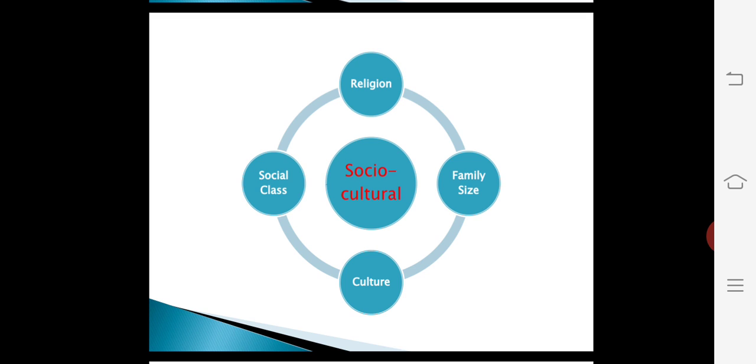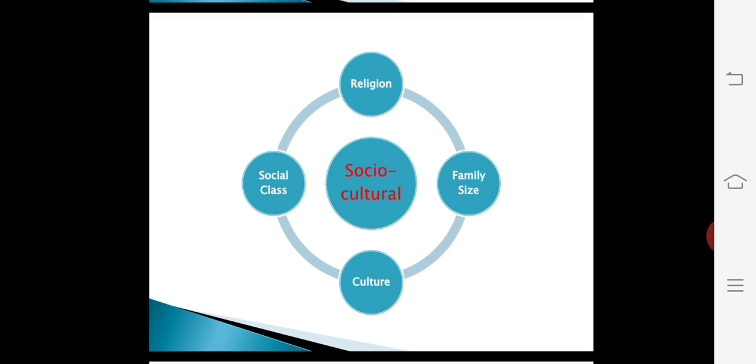So the automobile companies also design their automobile products accordingly, keeping in view the family size. For example, the Maruti Suzuki company produces the car Ertiga for families which are larger in size, where there are near about 5 to 6 members.